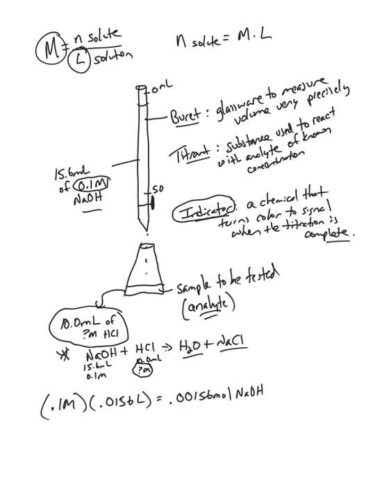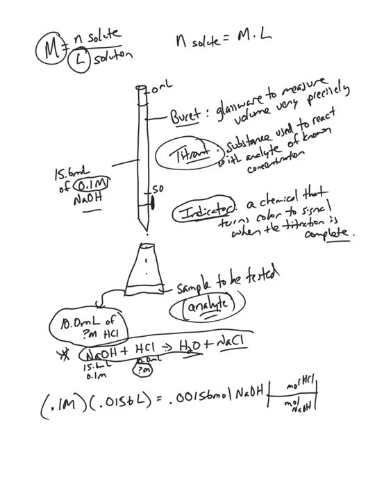Step 2 then, in all stoichiometry problems, is to convert the moles of the titrant to the moles of the analyte. It's a mole ratio. That can occur in one step. And this is why we need the balanced equation. The balanced equation allows me to figure out the mole ratio of titrant to analyte.